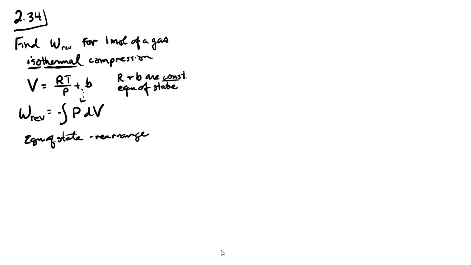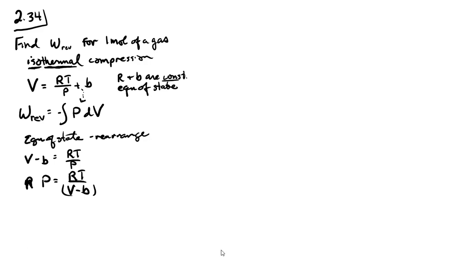Let's solve this equation of state for P. So we have V minus B is equal to RT over P. And if we flip everything, we get P is equal to RT over V minus B.